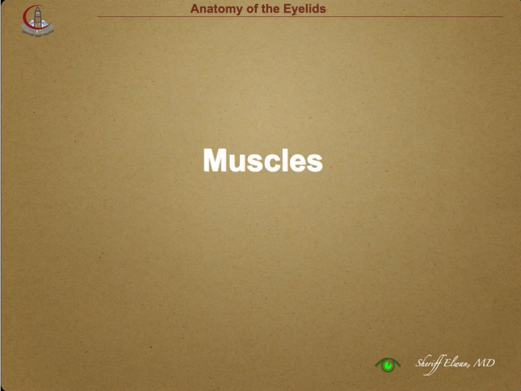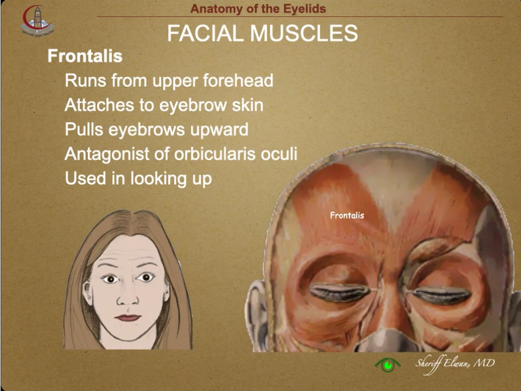Now we shift to a bigger title, which is muscles of the eyelids. We start with the facial muscles, and we start with the frontalis muscle. The frontalis muscle runs from the upper forehead and attaches to the eyebrow skin. Actually, it's coming from the galea aponeurotica above the skull.